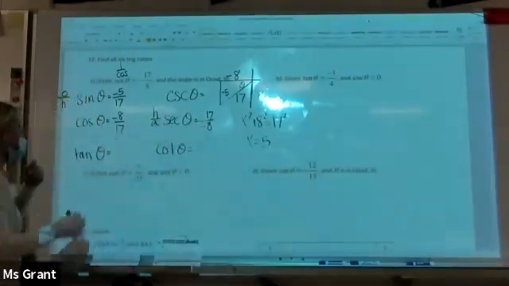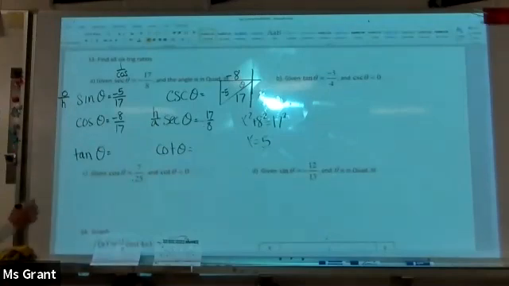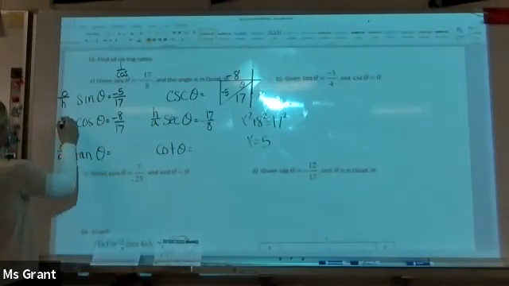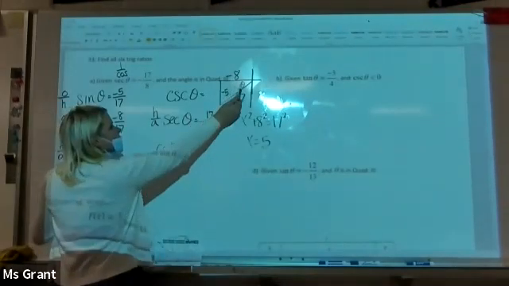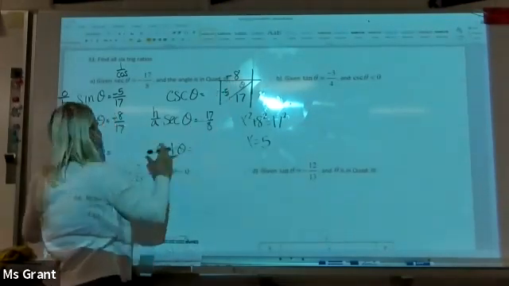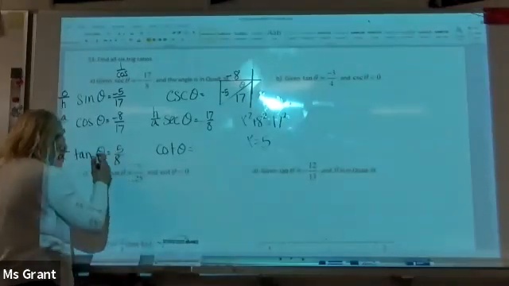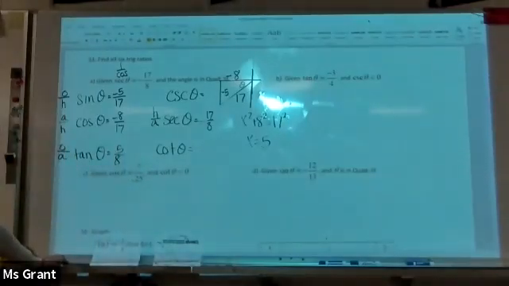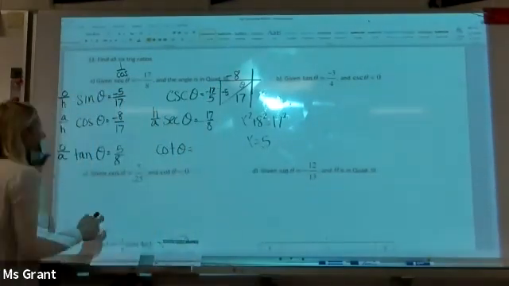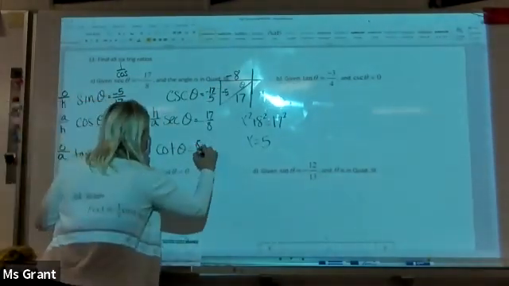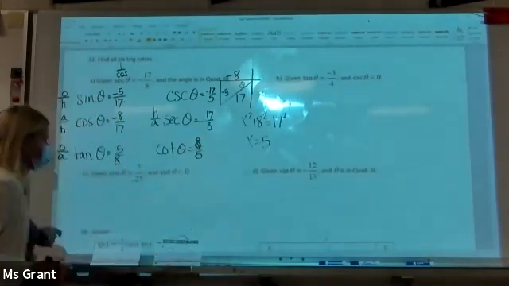Yeah, we knew that. Tangent, opposite over adjacent, 5/8. And to fill this in, I got cosecant, reciprocal, negative 17/5, and cotangent, 8/5. Oh, sorry.